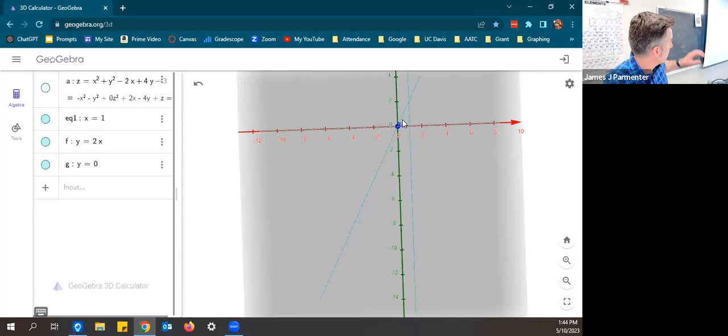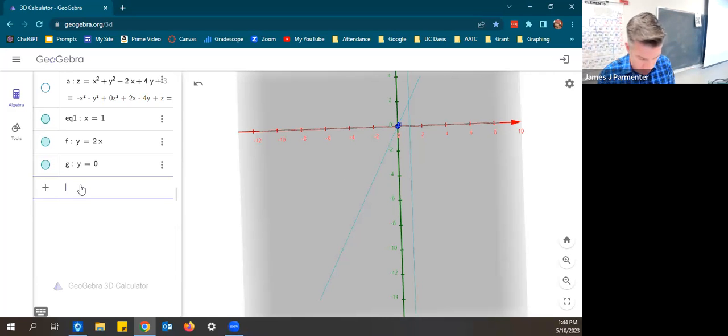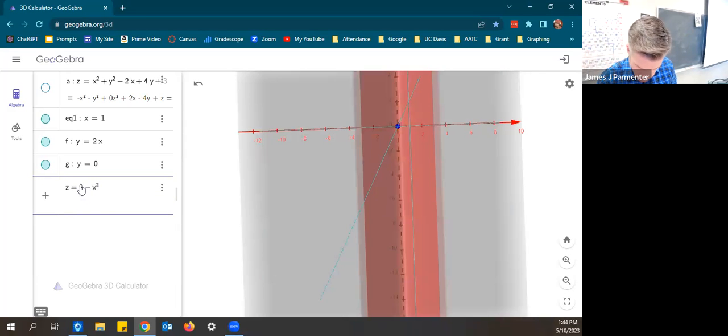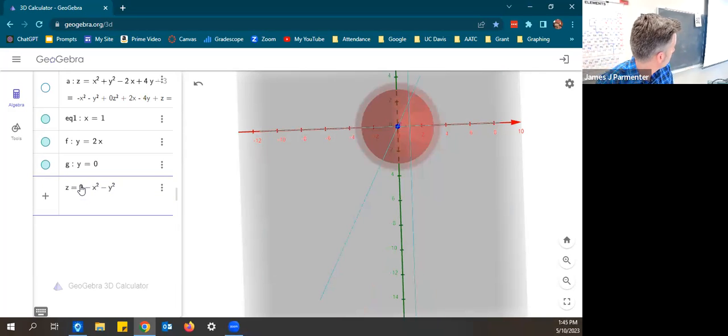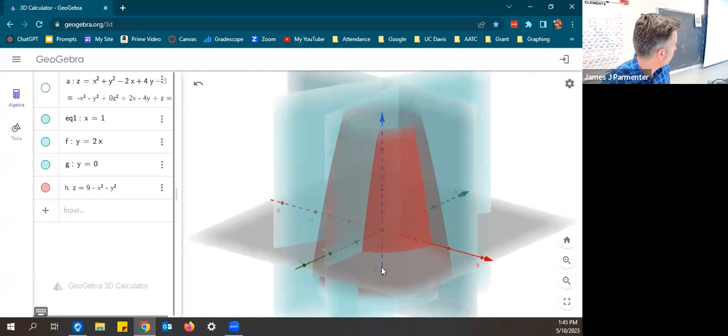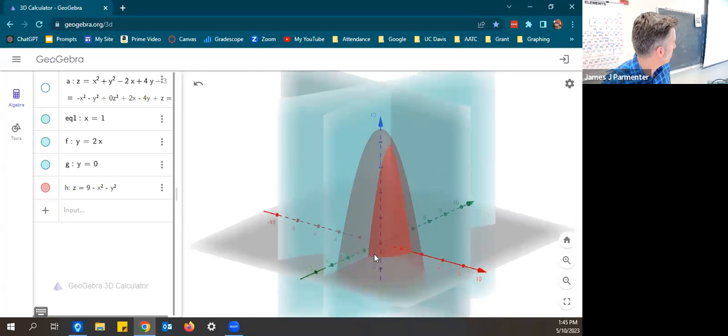And so what I'm saying is, in that region there, I want to find the volume under that downward opening paraboloid. It doesn't look like much from this angle, but you can think of it as the volume under the shape, but just over that region.